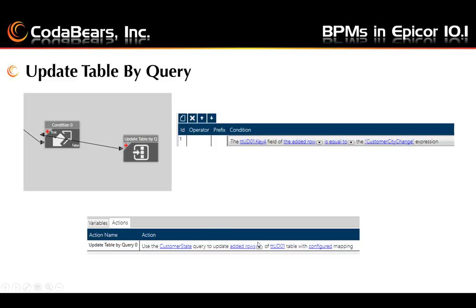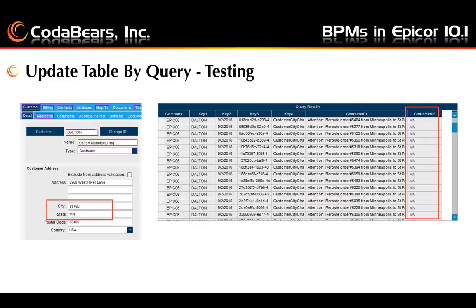In this case, ours is the TTUD01 table, and then we again have a configured mapping that will allow you to map fields between the target table and the query you design. An additional step of setting up the relationships between the tables is required on this configured portion versus the previous configuration used in the fill by query type. Here are the results of our update table by query testing.